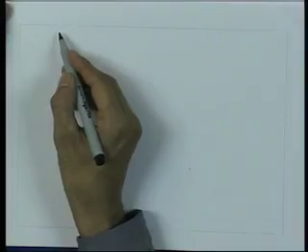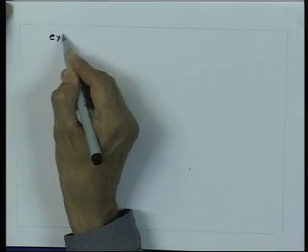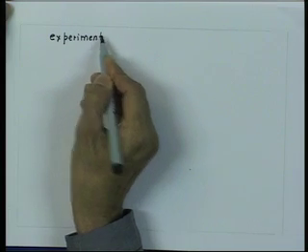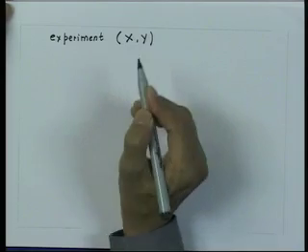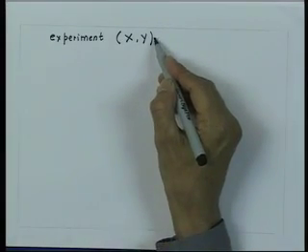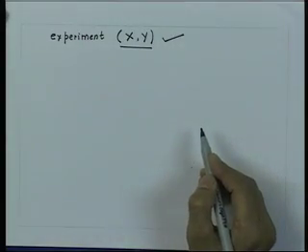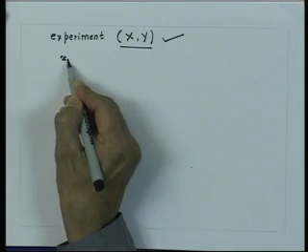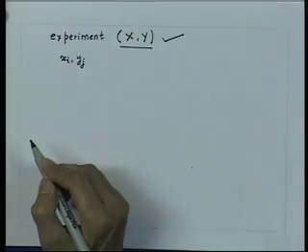So, I can formulate in many cases experiments which have two outcomes. So, I will say that an experiment having two outcomes is denoted by, let us say, x and y. So, x and y, this way, which the way I have given here, denotes an experiment. Now, the outcomes of this experiment are the values x_i and y_j.